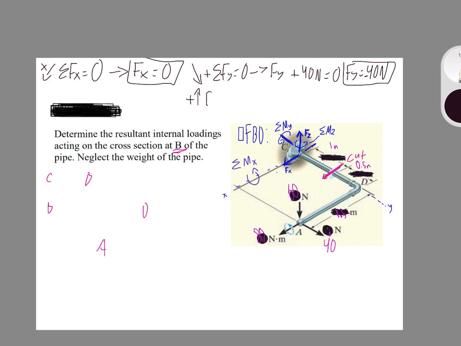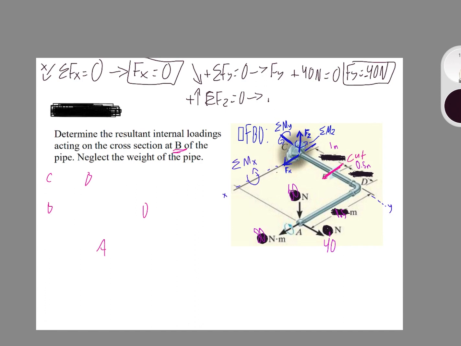Okay, actually it equals negative 40 newtons, my bad. It actually is a 3D problem, so we need to take the summation of forces also in the Z direction, going this way upward, equals 0.